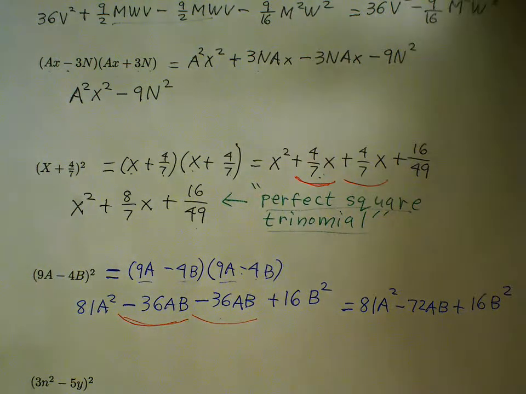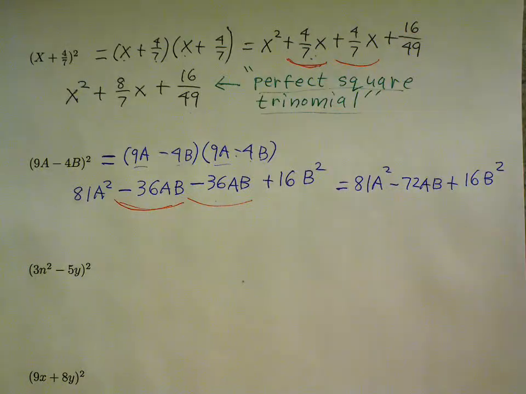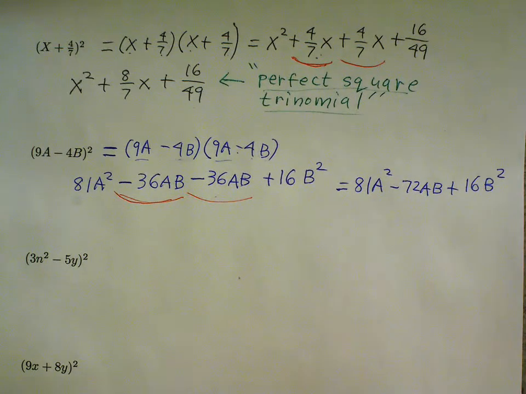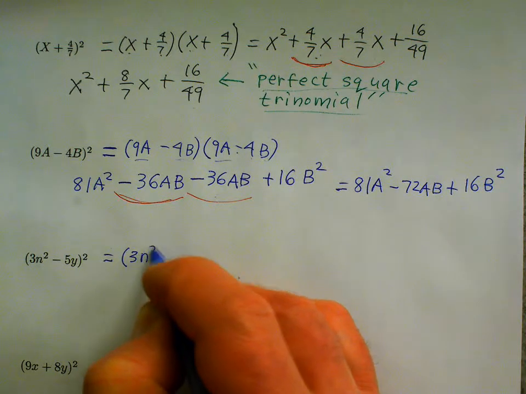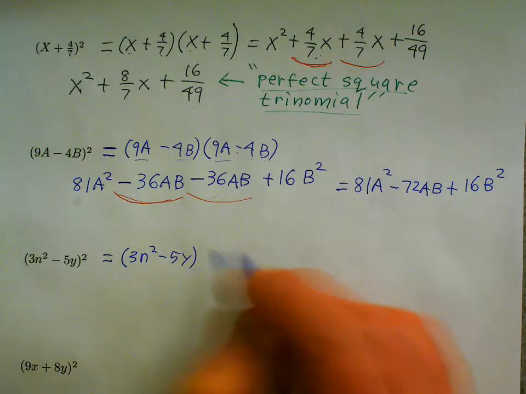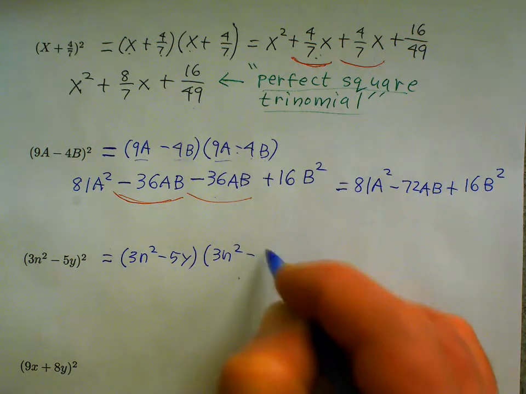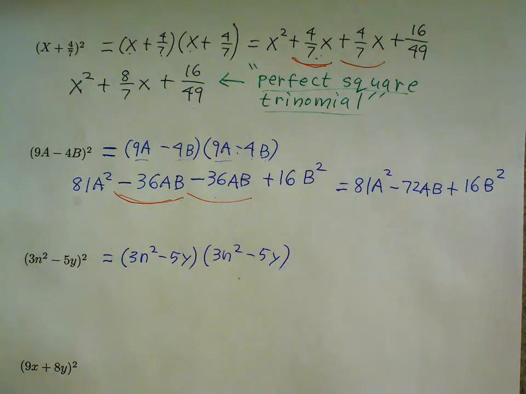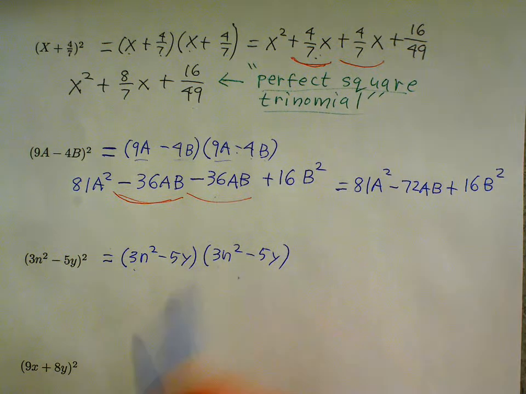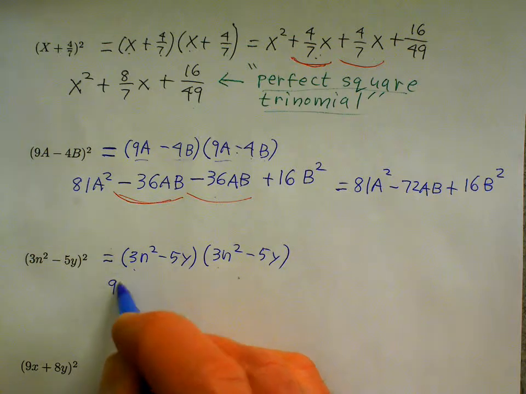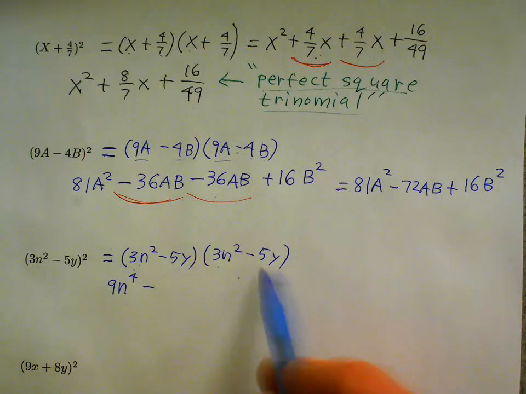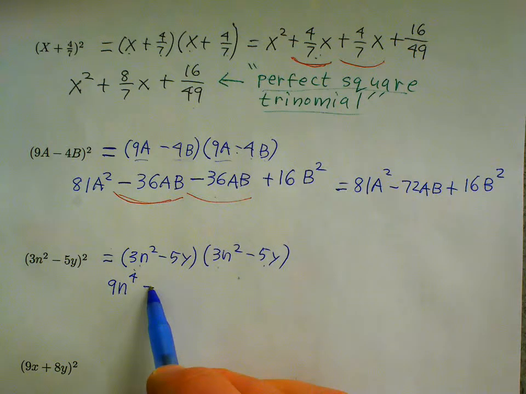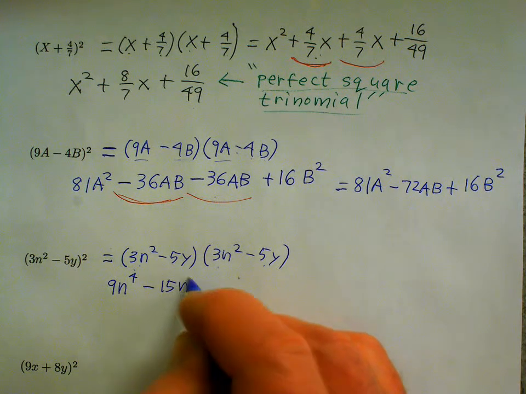Okay, the next example, we're squaring a binomial, so we have 3n to the second minus 5y times 3n to the second minus 5y. 3n to the second times 3n to the second is 9n to the fourth. And then minus 3n to the second times 5y is minus 15n to the second y.